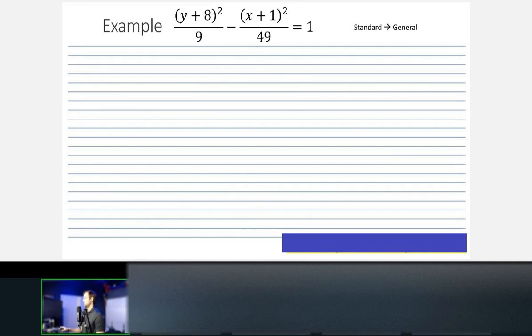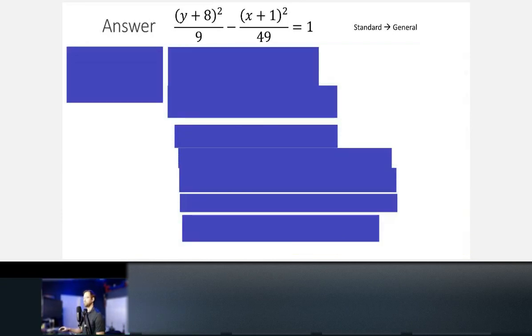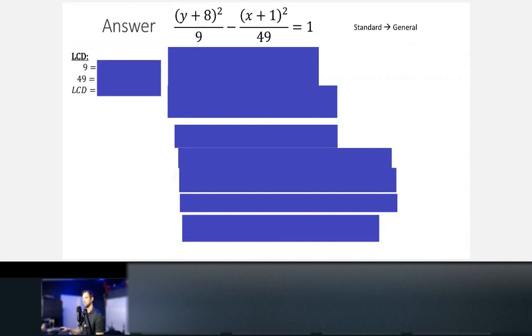All right, looks like we all agree on 441. Yeah, sounds right. So I recommend doing this grid, which I showed in class. Remember, it's prime factors. If I didn't say this before, it is prime factors. So the prime factors of 9 are 3 times 3. And the prime factors of 49 are 7 times 7.